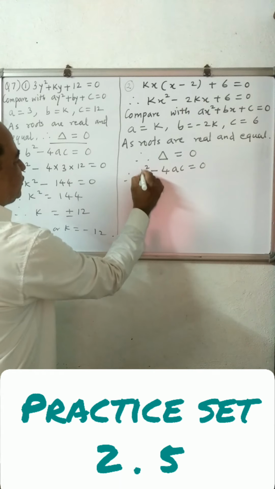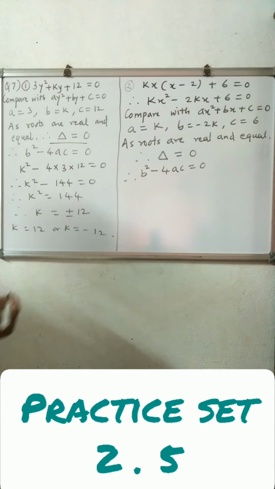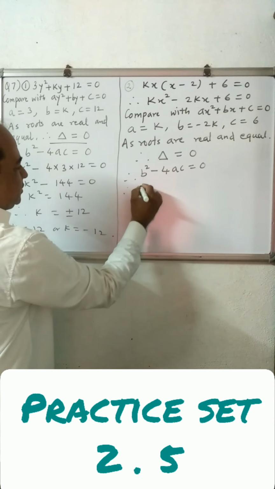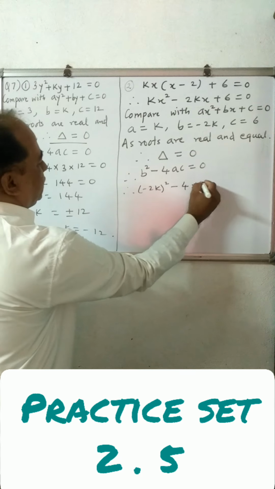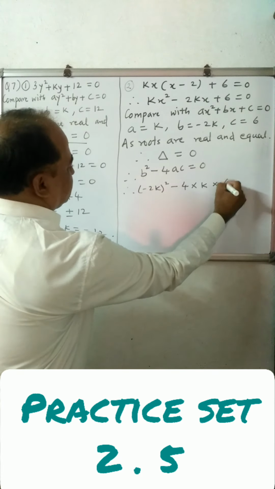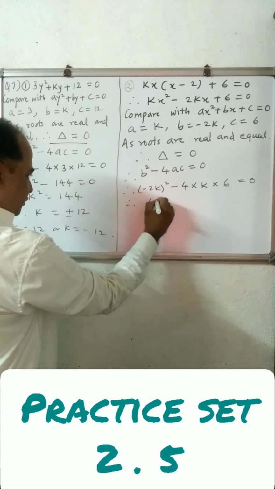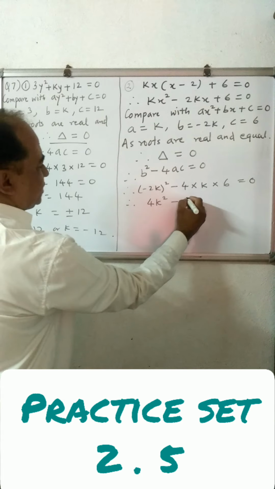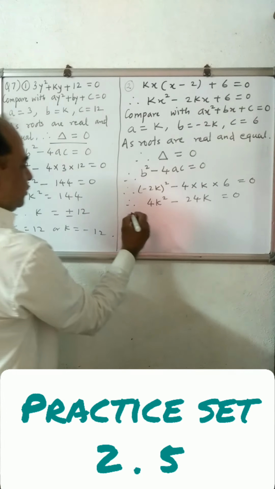Therefore, the value of b square minus 4ac is equal to 0. Discriminant is 0. Therefore, b is minus 2k, square, minus 4 into a is k into c is 6 is equal to 0. Therefore, 4k square minus 24k is equal to 0.